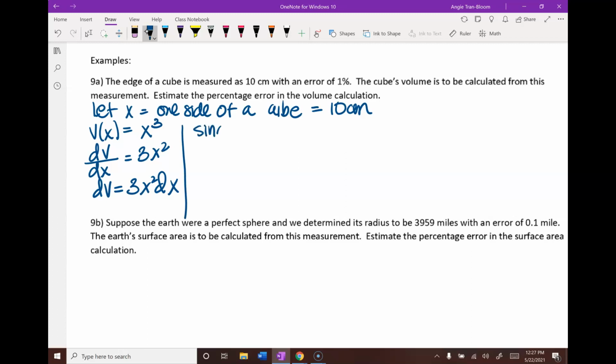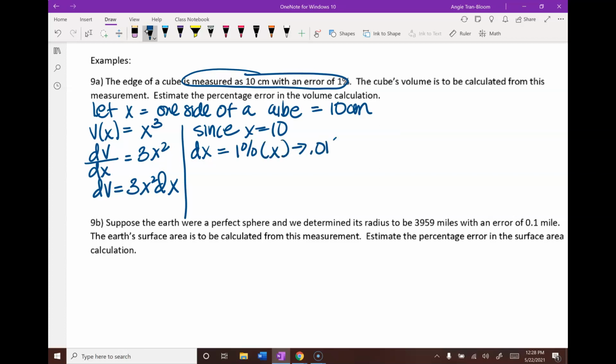Well, since x is 10, and remember, it says here the measurement has a 1% error, that means the change in x, which is the change in the measurement of one side, is going to be 1% of x. Well, 1% is 0.01 times 10. So as you can see, the measurement has an error of 0.1 of a centimeter.